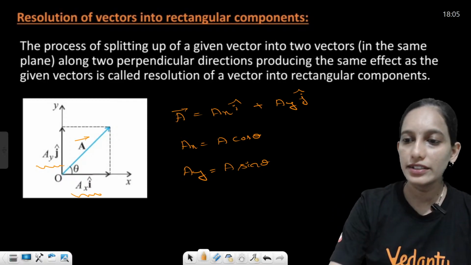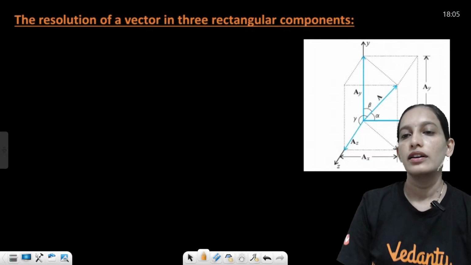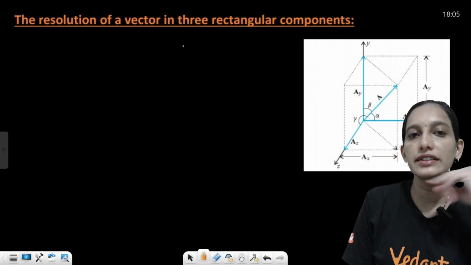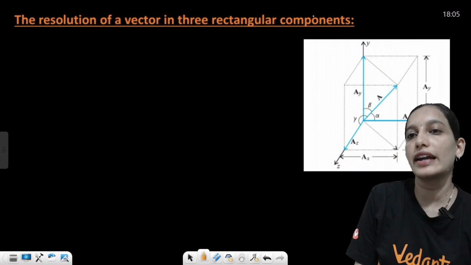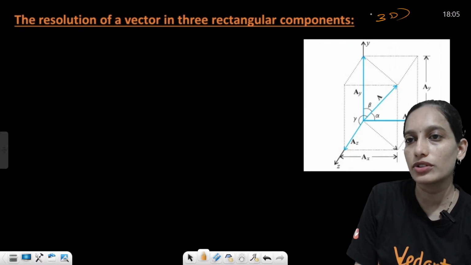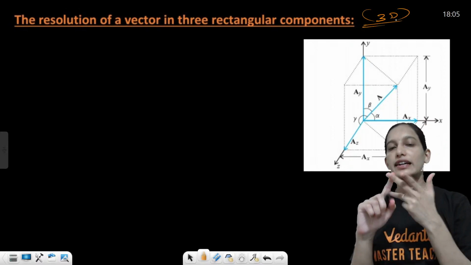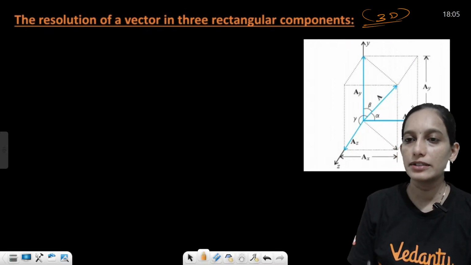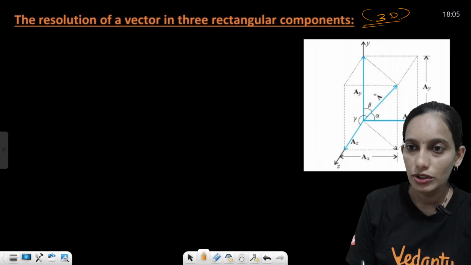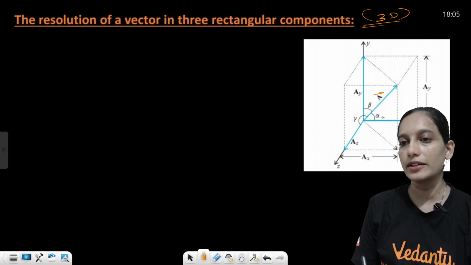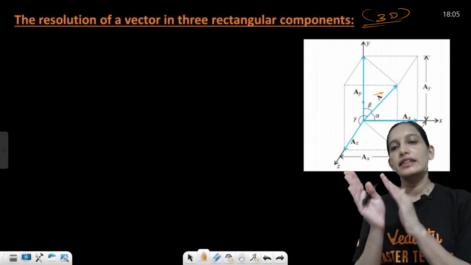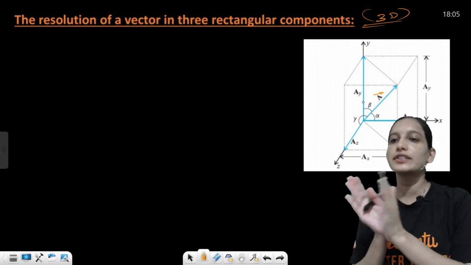So next, as I said, if we want to represent a vector in 3 rectangular components, this is a 3 dimension notation: x axis, y axis, z axis. So how can we represent the vector in 3 dimension notation? Let us say this is our vector A. I have to resolve this vector along the 3 Cartesian coordinate axes x, y and z.